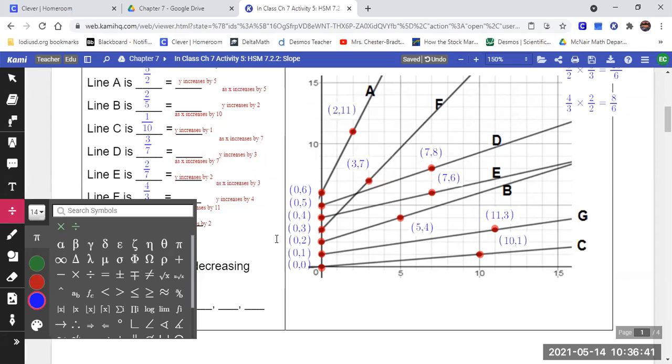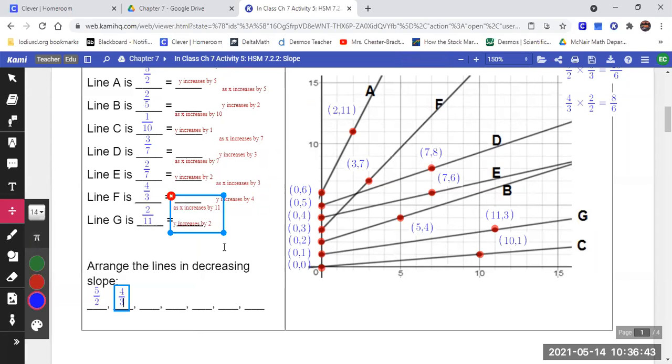Now we have to look at our proper fractions because there's no whole numbers. And our proper fractions go 2/5, 1/10, 3/7, 2/7, 2/11. But if we look on the picture, we can see them as they come closer and closer to flat. Yes?